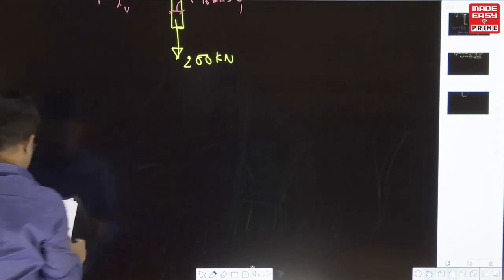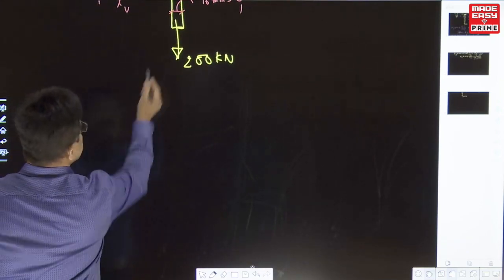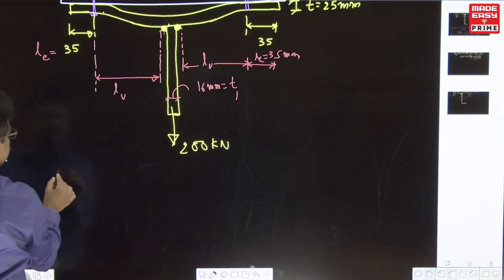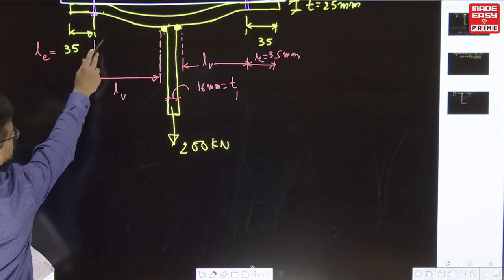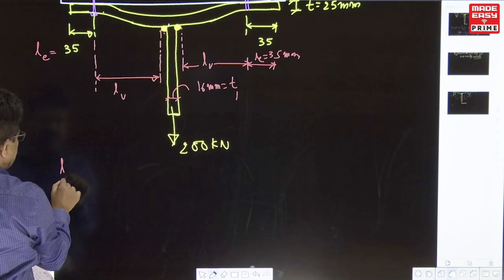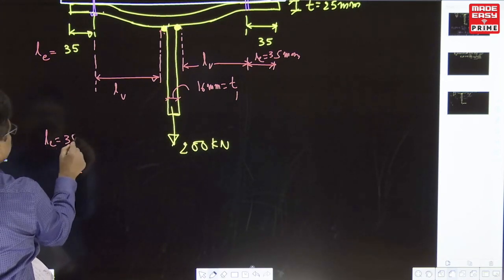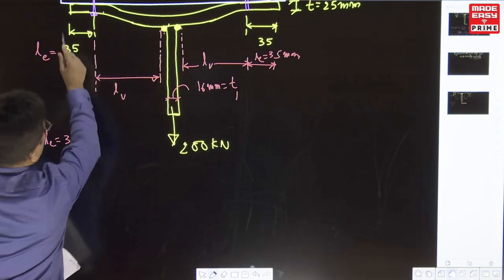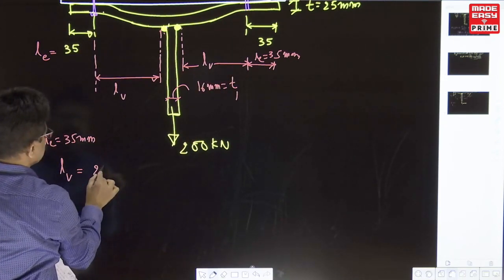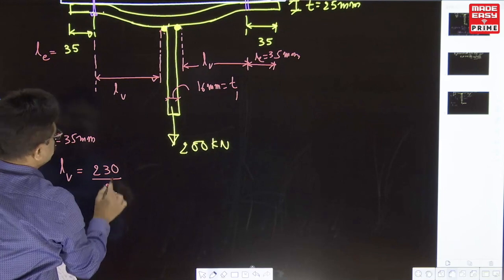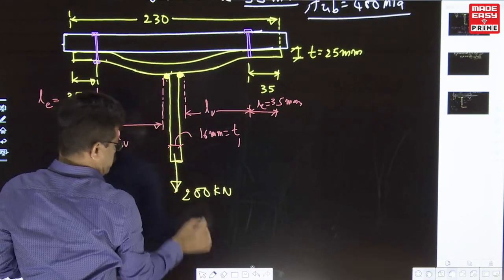Now, how can we calculate LV? First we will draw the diagram, then calculate LV. LE is anyhow given to us, known as 35 mm. For LV, the total width is 230, so 230 by 2, from the center line.